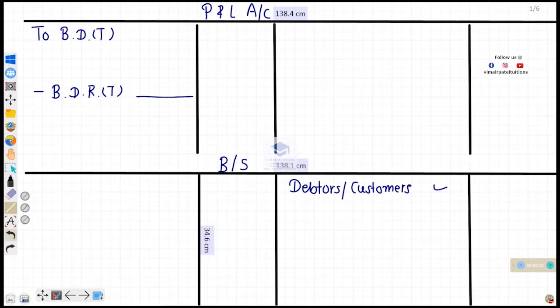From that, first of all, you have to give effect of unrecorded sales return and wrongly recorded sales return, and afterwards you have to provide for bad debts given in adjustment.